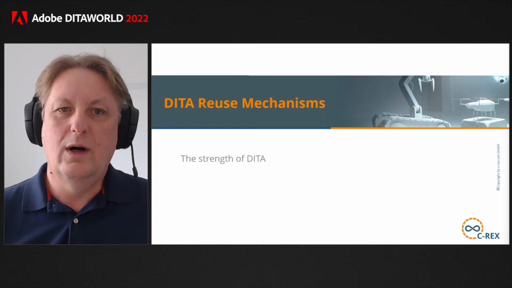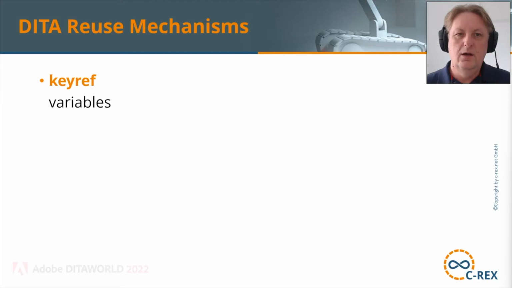But let's go one step back and bring data reuse mechanisms back to our mind. When we are talking about data and reuse, reuse is the reason why we are all using data, isn't it? We have the following options to reuse content. We have keyref mechanisms to support content variables.